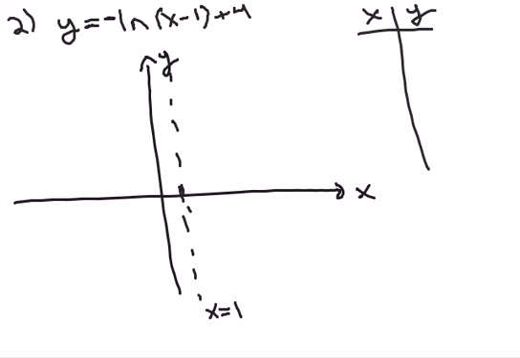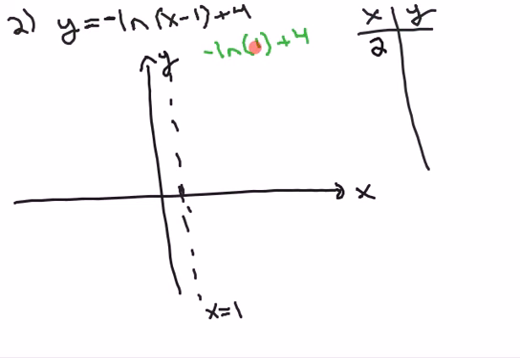So let's be smart about our points here. One point I can plug in is 2. So I'd have 2 minus 1 is 1. So I'm looking at negative ln of 1 plus 4, where this whole thing here is saying e to what power is 1?